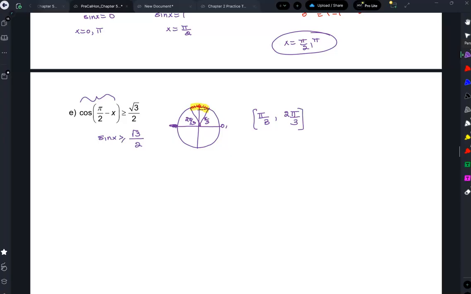If this was sine of x greater than root 3 over 2, it would have just been parentheses. Because it's all of these angles, but not pi over 3 and not 2 pi over 3. Yeah. If the question is like, when is sine x equal to or greater than?